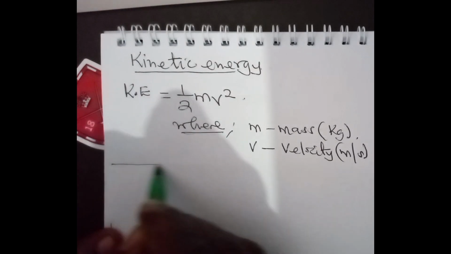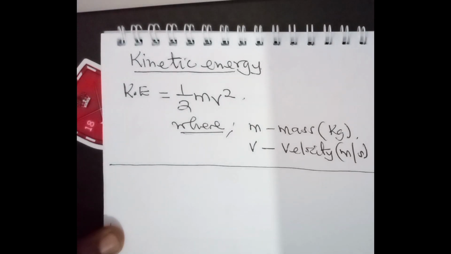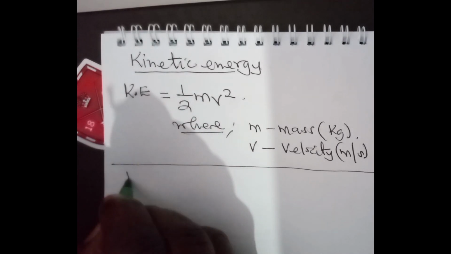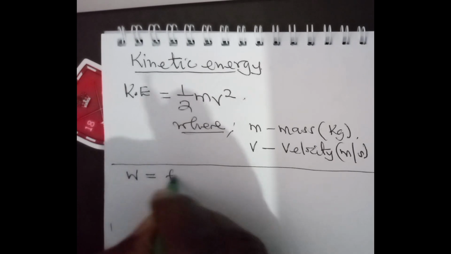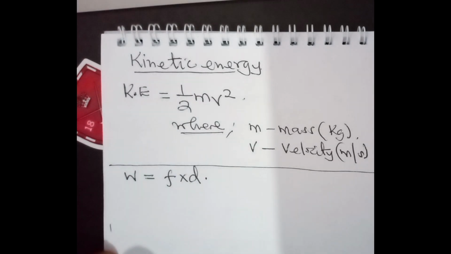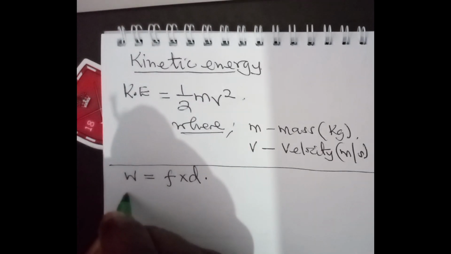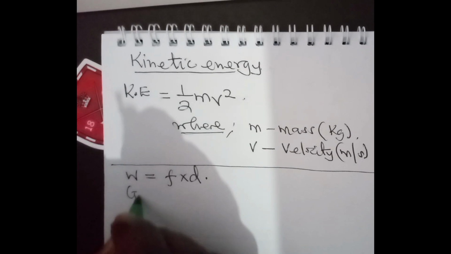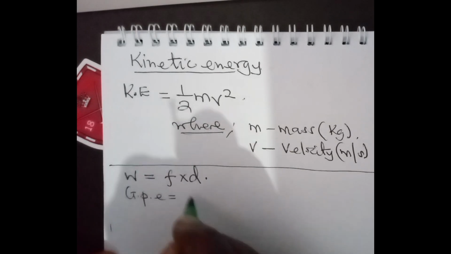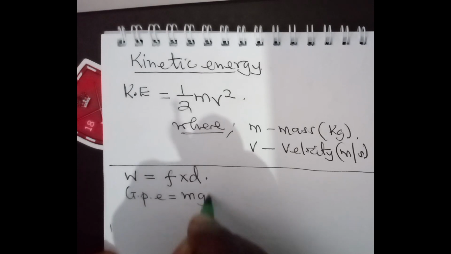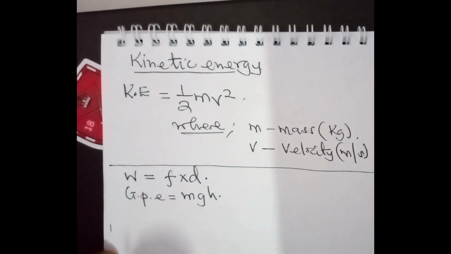And that's the end of this introduction to work, potential energy, and kinetic energy. Let's have a review. Work done is equal to force times distance. Gravitational potential energy is mgh.